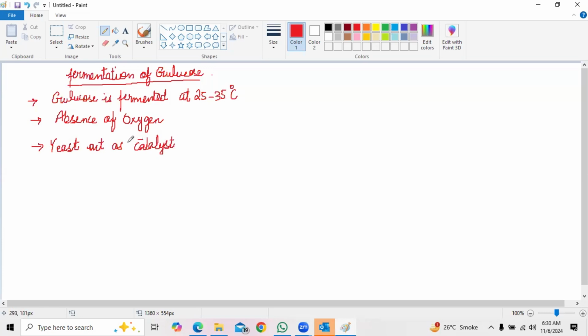Okay, so what is going to happen? Why are we keeping this range? It's very important: why are we operating in this range? Why are we keeping the temperature in this range? Because yeast becomes denatured if the temperature increases above 35.